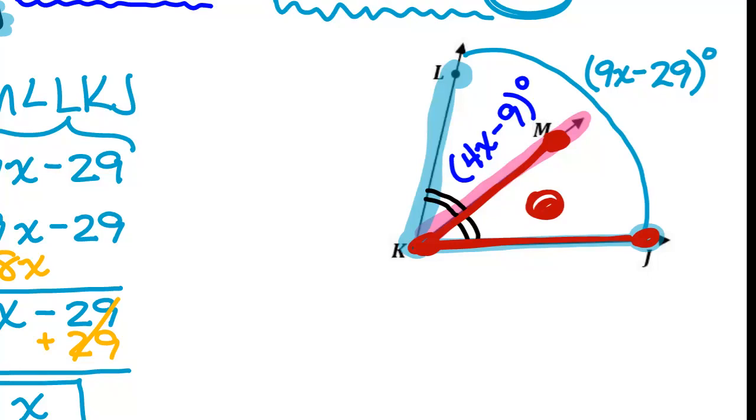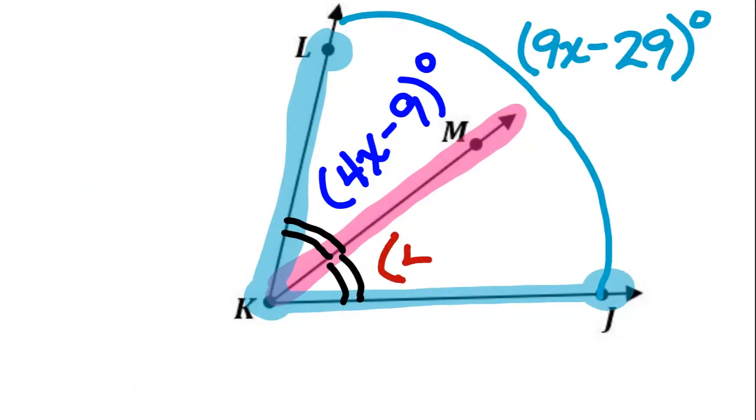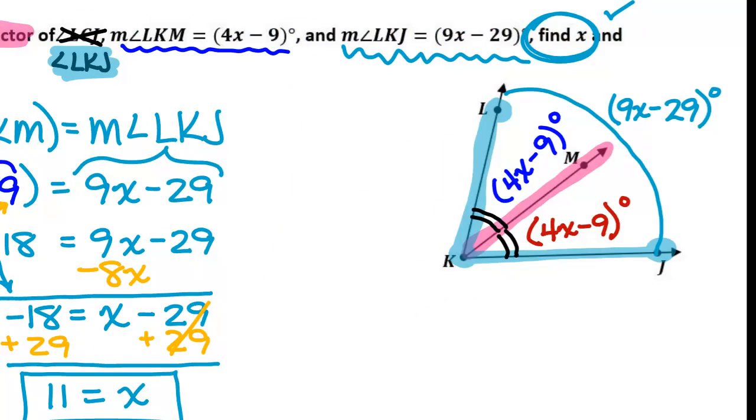I don't have an expression for that angle. How am I going to do this? Put it into LKM because we know that LKM and MKJ are the same size. So this one down here is also 4x minus 9.